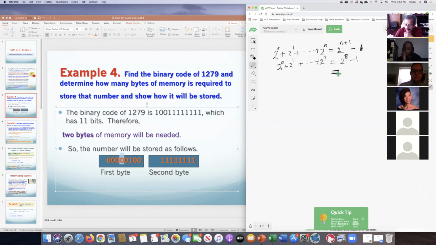By the way, you need a calculator that can compute exponents for your homework and for your test. So 2 to the power 8 is 256. Subtract 1, you get 255. And that's your largest number that fits in 1 byte. So you have to be able to calculate these things.